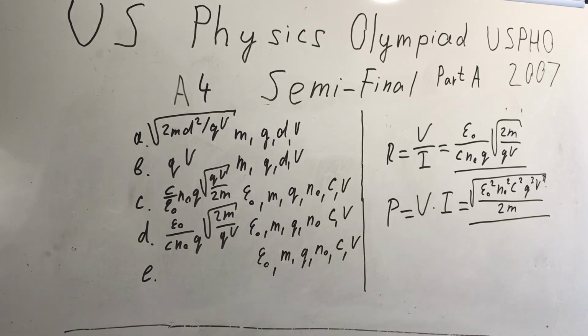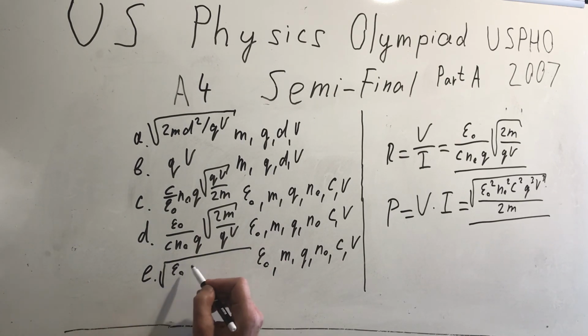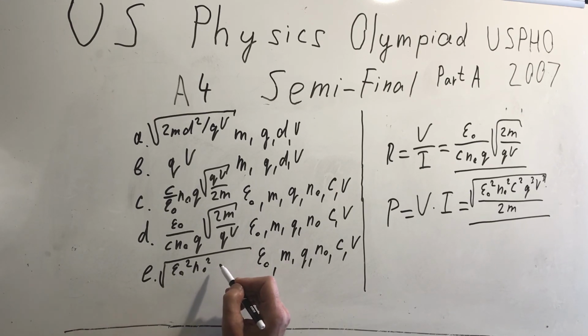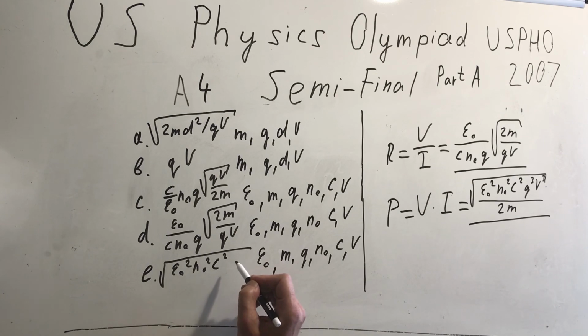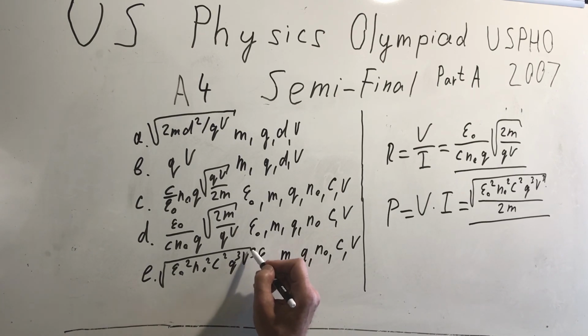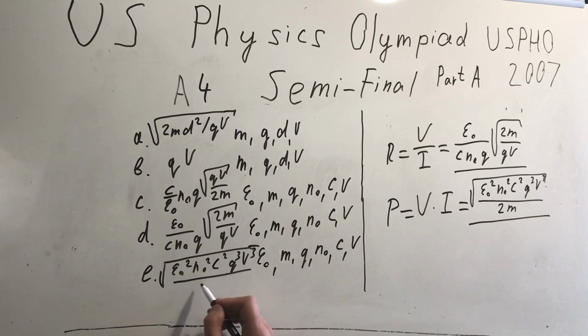So this is the answer. We can rewrite it here: epsilon 0 squared n0 squared C squared q cubed V cubed divided by 2m, all under the root. That's it.